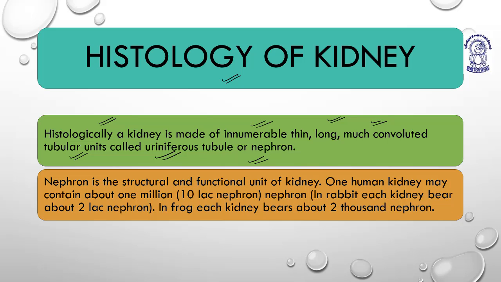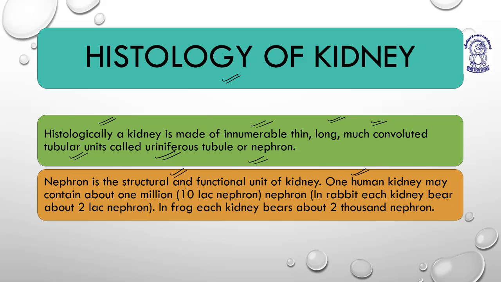Around 10 lakh structural functional units called nephrons. Nephron is the structural functional unit of the kidney.